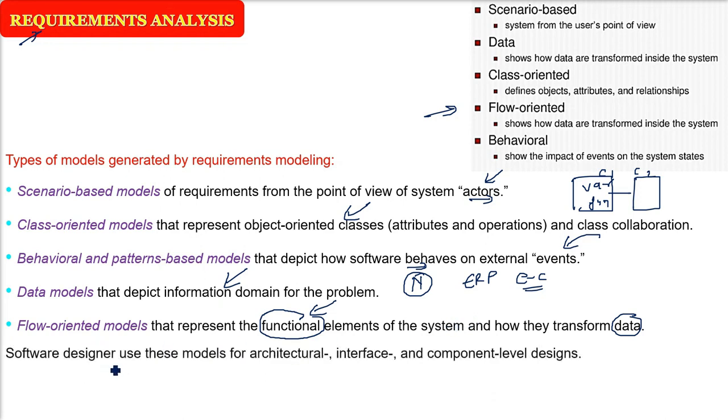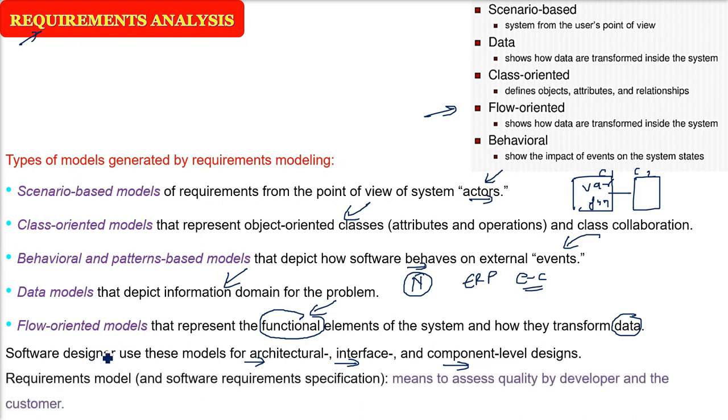On the basis of this requirement modeling, the software designer, the person who is going to design the software, will use these models, all of them or a few of them, for design purposes, for example architectural, interface and component-level designs. This will be done with help from all of this requirement modeling.